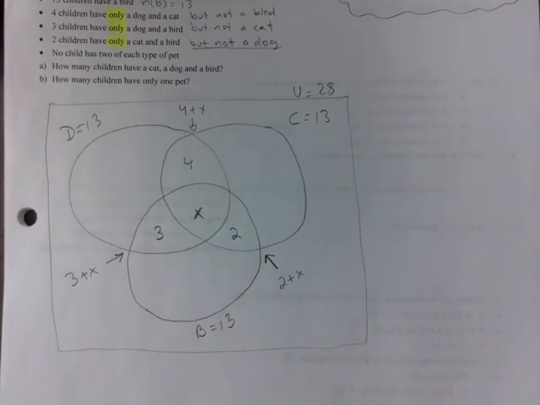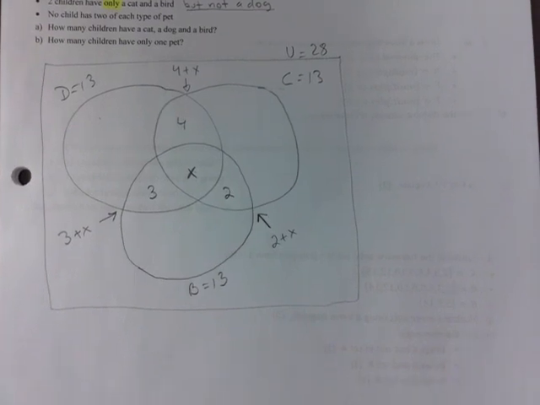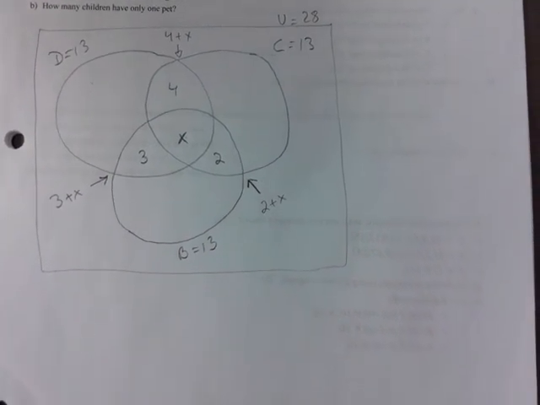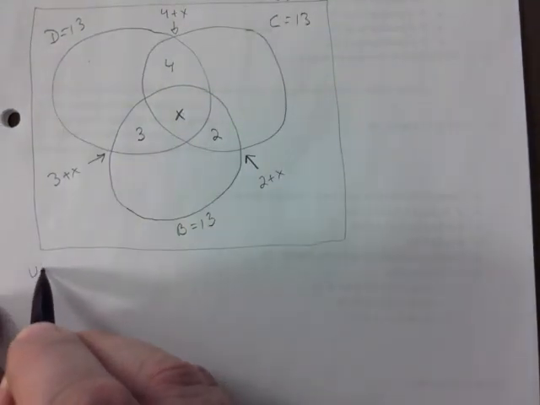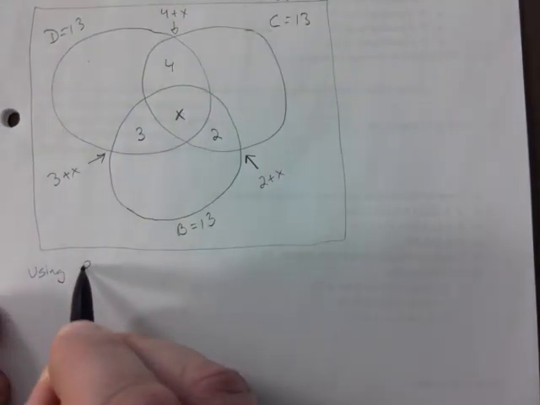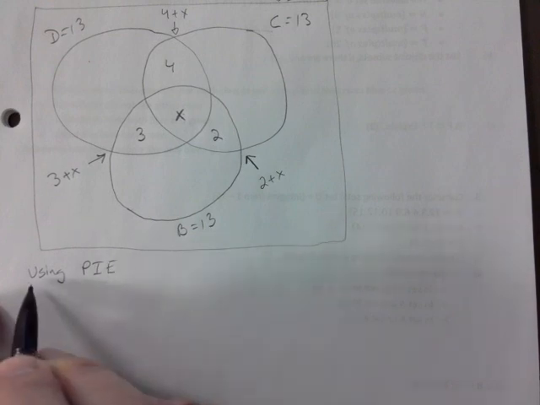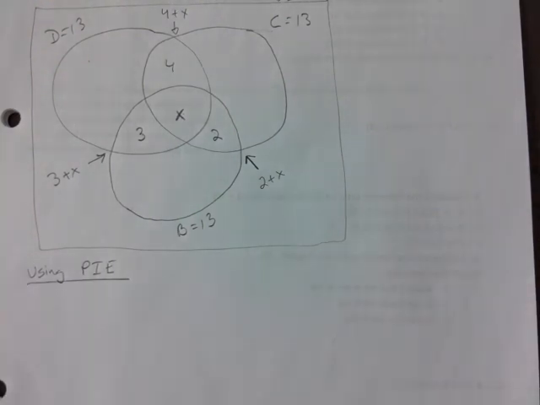So here we go. We're going to apply pi to this one. Using pi, and this is the one with 3 sets. You cannot use the long one with 3 sets for a 2-set scenario. You have to have both formulas on there.